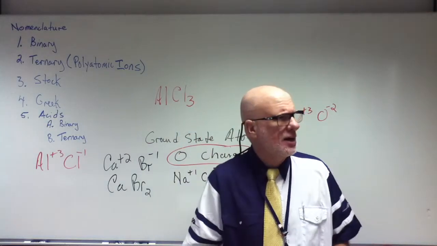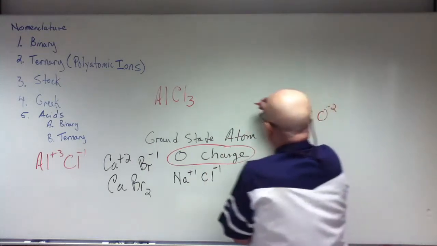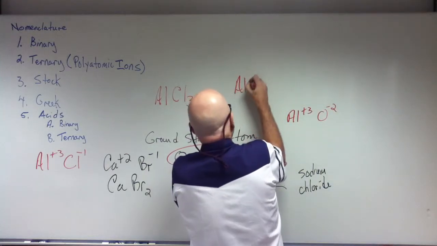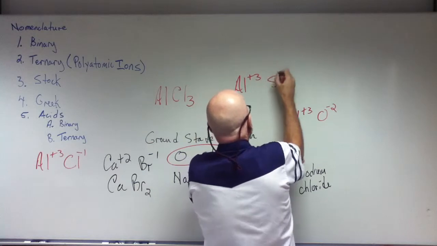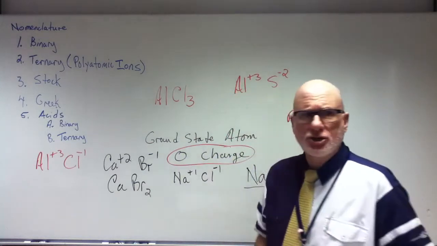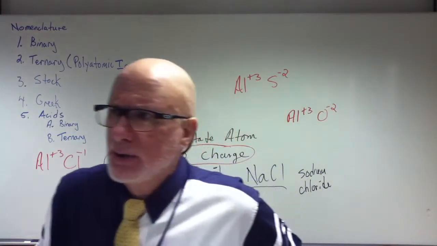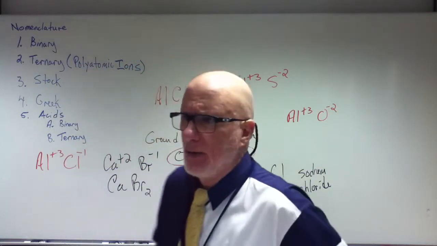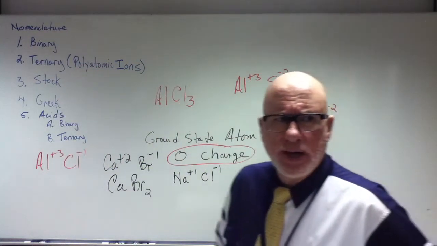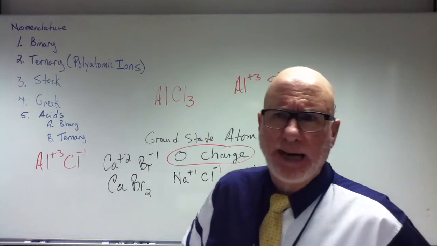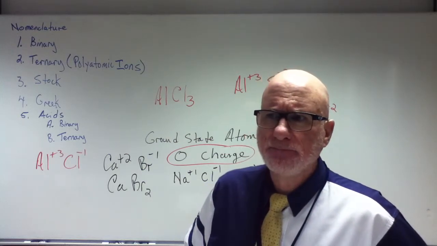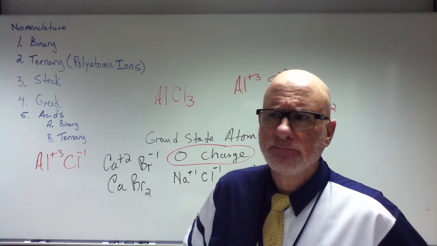Shall we do another one? Let's do aluminum plus 3 and sulfur minus 2. Try that one on for size. Fatima, what do you think about that one? Aluminum plus 3 and sulfur minus 2. What do you got? Aluminum what?